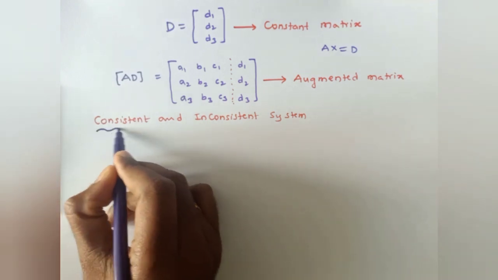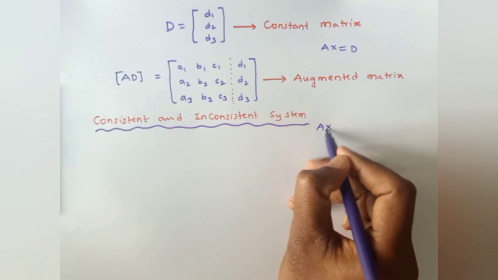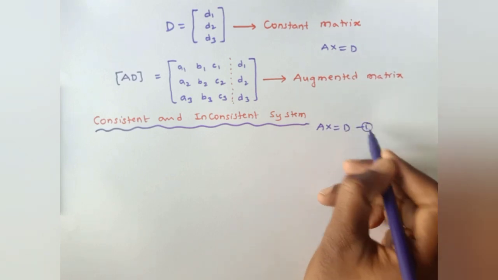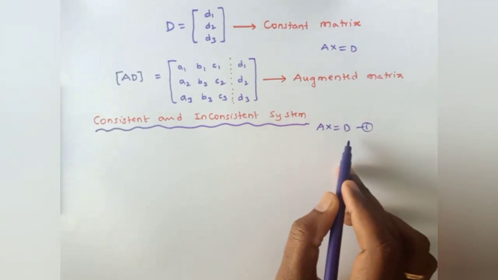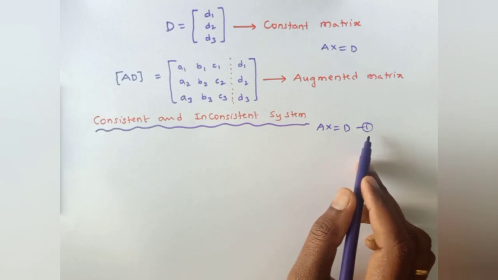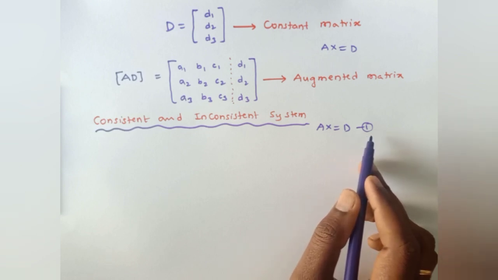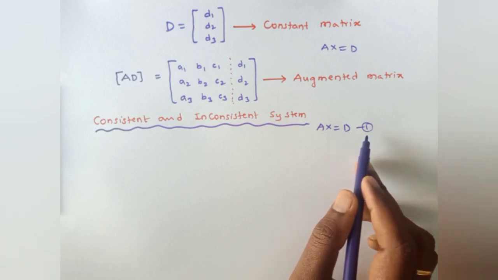That is equation 1. Equation 1 is Ax equals to D, right? Or we may call this the system of non-homogeneous linear equations, three equations in three variables.